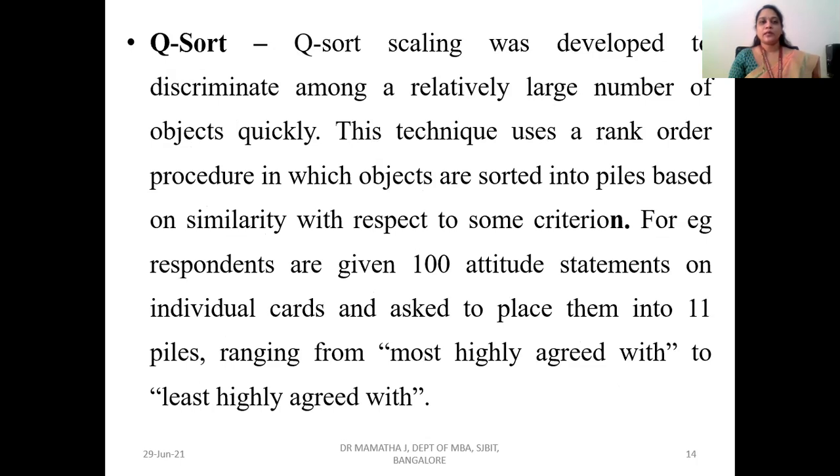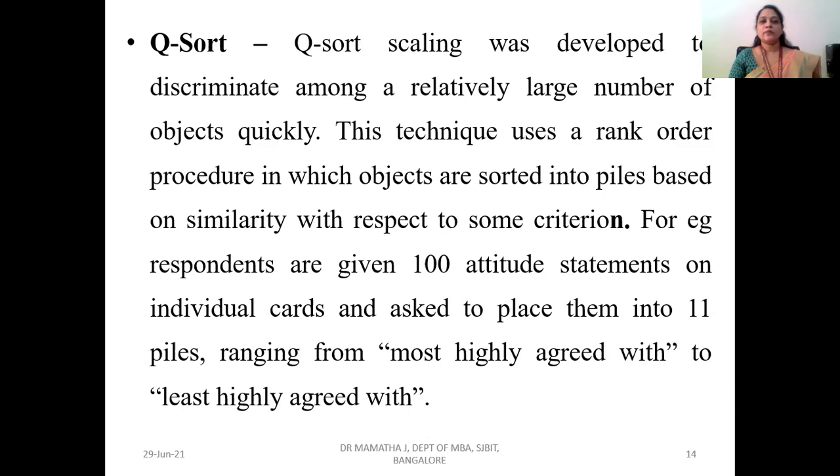Q-sort, the next type of scaling. Q-sort was developed to discriminate among a relatively large number of objects very quickly. This technique uses the rank order procedure in which objects are sorted into piles based on similarity, using some criteria. For example, respondents are given 100 attitude statements on individual cards and asked to place them into 11 piles.